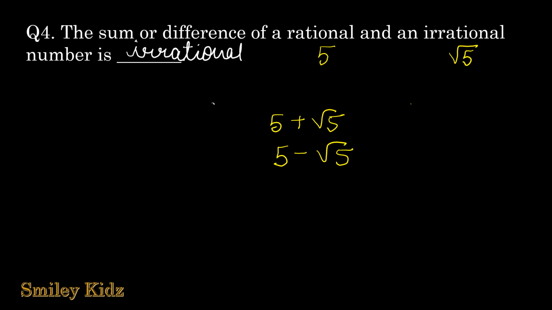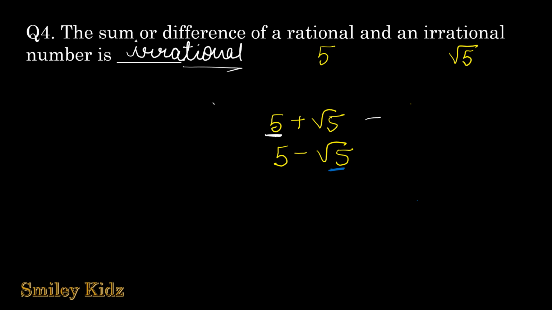Let it be any number. Here we have 5 as a rational number and root 5 as the irrational number. Let it be either the sum or difference of a rational and an irrational number of any. Let's suppose a rational can be 1, 2, 3, 4 and many. Irrational can be root 2, root 3, root 5, root 7, root 8. Now, the sum or difference of any rational and any irrational number is always irrational.